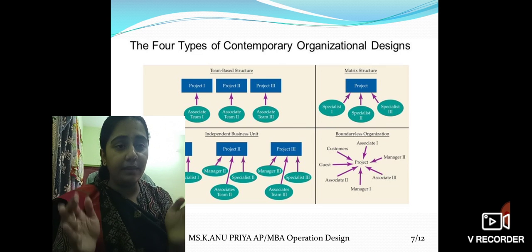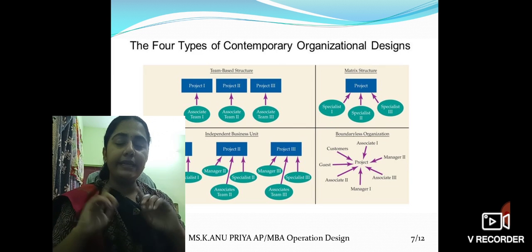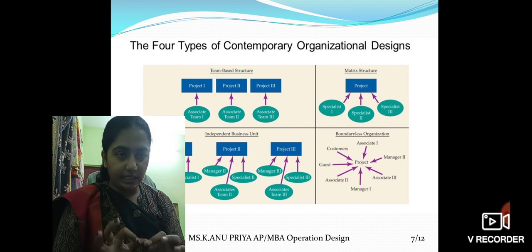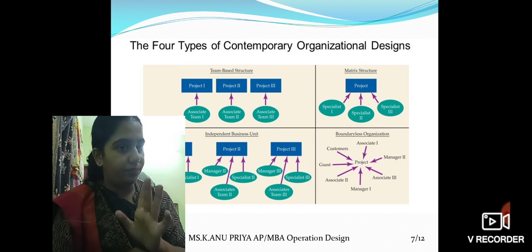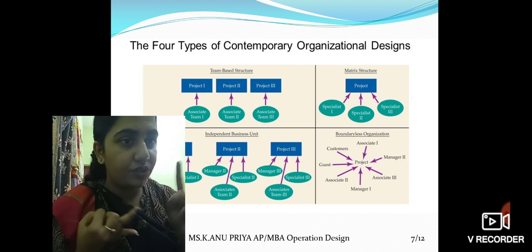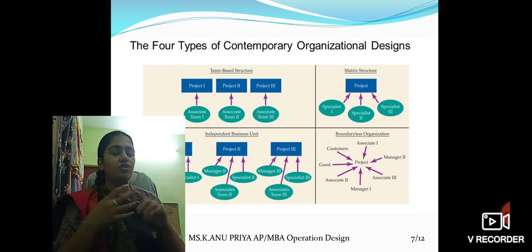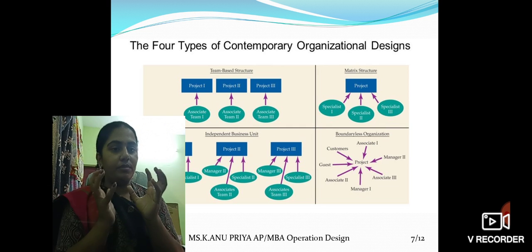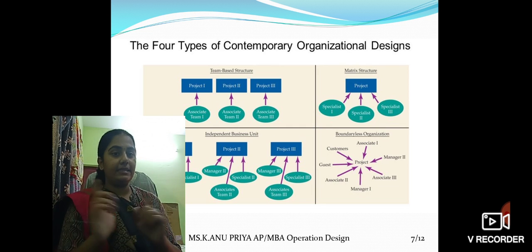They will take a time allotment, and every individual and every team in the organization works on only that one project. So there are specialist 1, specialist 2, and specialist 3, and these three will be working all over the organization. All working on the project is called matrix.